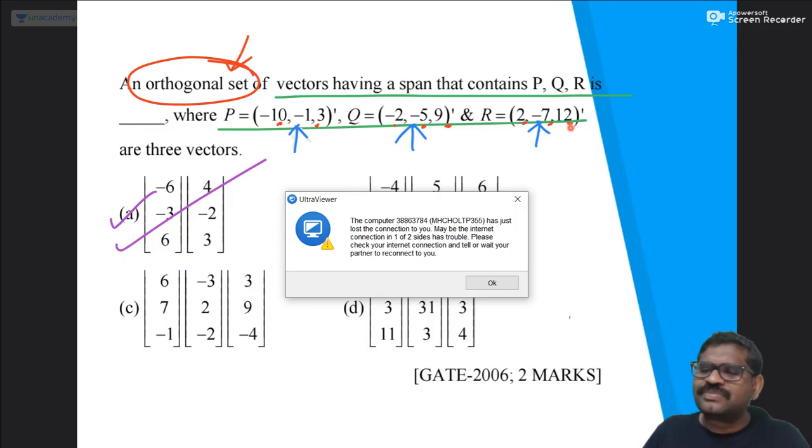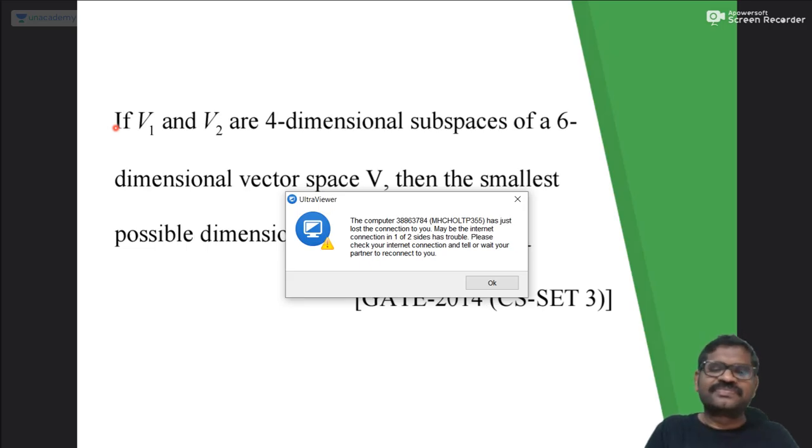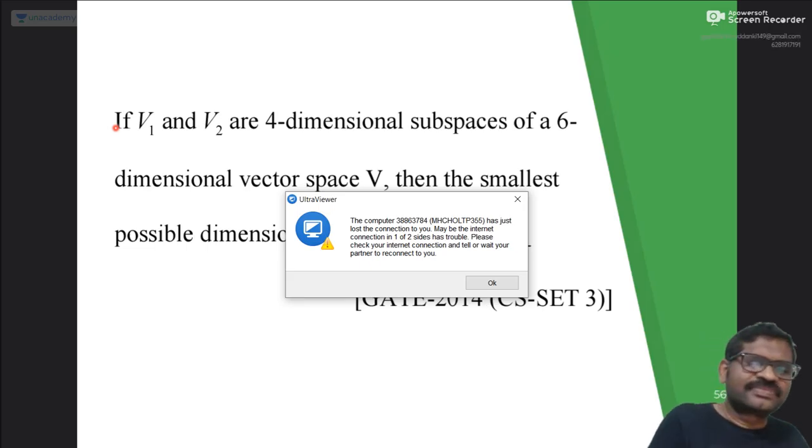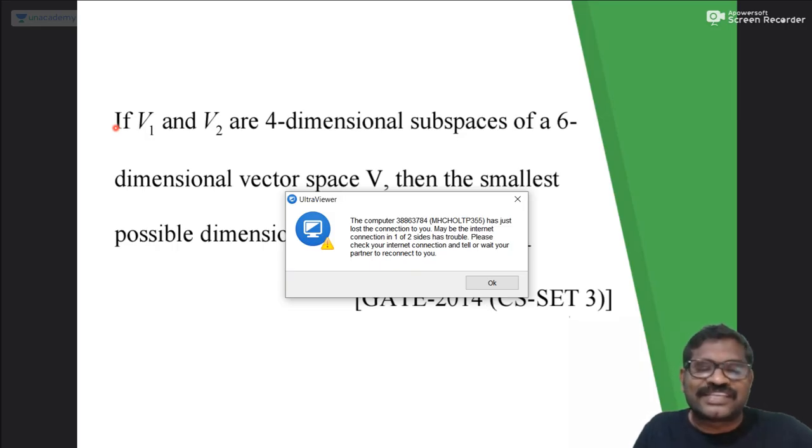You watch the recorded video of the first lecture. In the first lecture, I have explained what is an orthogonal set, what is an orthonormal set. Observe. If V1, V2 are four-dimensional subspaces of a six-dimensional vector space.